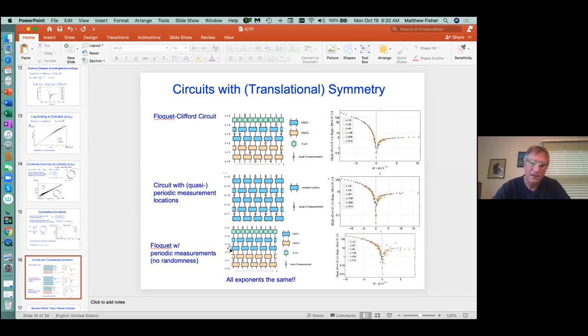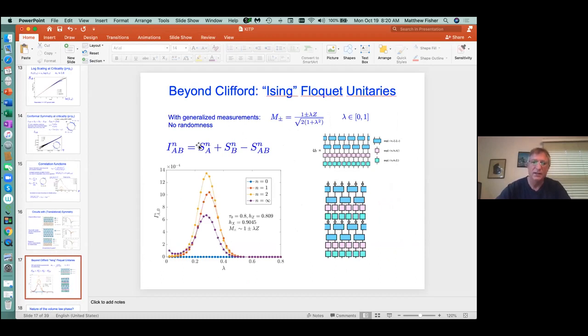And finally, on the bottom here, one can get rid of all the randomness, taking Floquet unitaries and periodic measurement locations, with the only remaining randomness being the measurement outcomes. And in all three of these cases, one gets a nice phase transition with the exponents the same. So somehow randomness, while convenient to look at numerically and also to look at analytically, is not essential, it doesn't seem to be, to the transition.